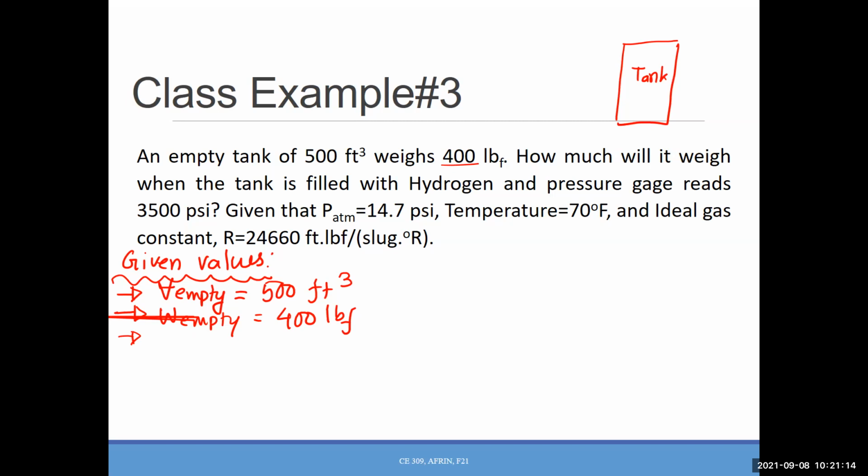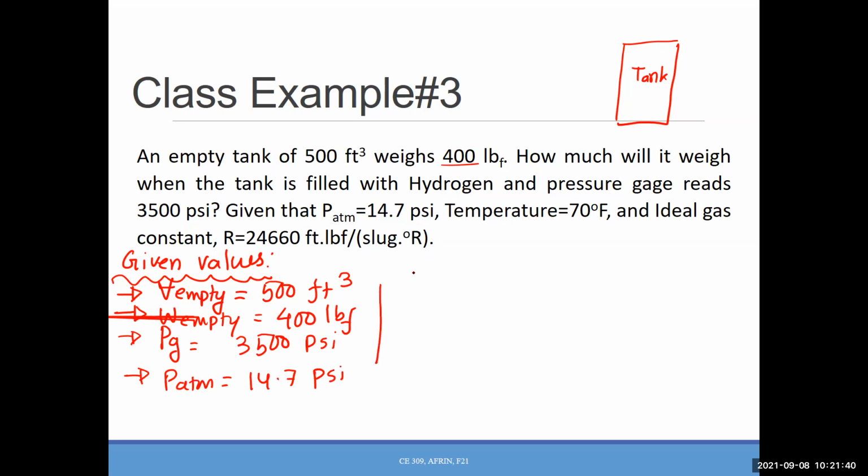Gauge, they said that it's already gauge pressure, so I will write down P gauge 3500 psi and so P atmospheric 14.7 psi.